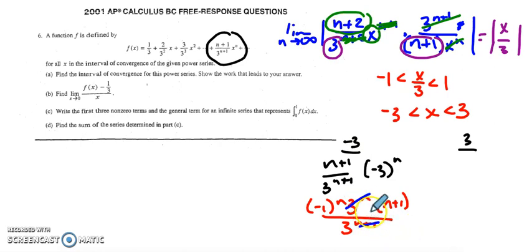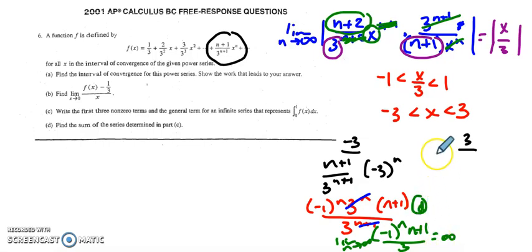So I now have just a 3 in the denominator. So I'm now left with -1 to the n, which is an alternator, times n plus 1 all over 3. I think you will agree that if I did the nth term test for divergence here and just took the limit as n goes to infinity, I would get infinity. So in fact, we diverge here, and we are not going to include -3 in our interval of convergence.